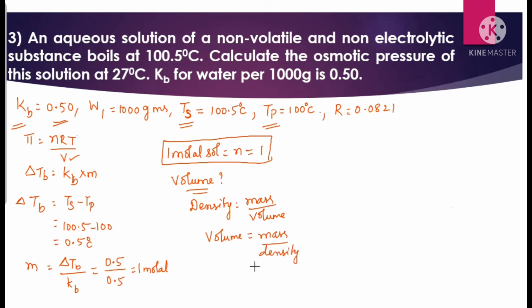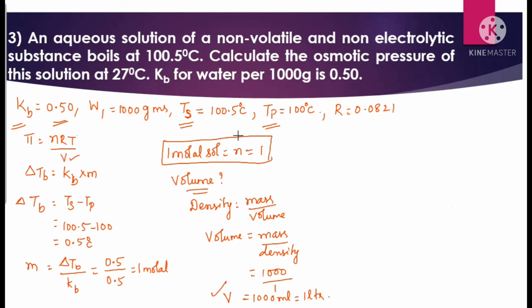Mass is given, that is 1000 grams. Since it is a 1 molar solution, density will be equal to 1. So volume will be equal to 1000 ml. If you are converting this to liters, it will be 1 liter. Understood, students? Now we have calculated V also.